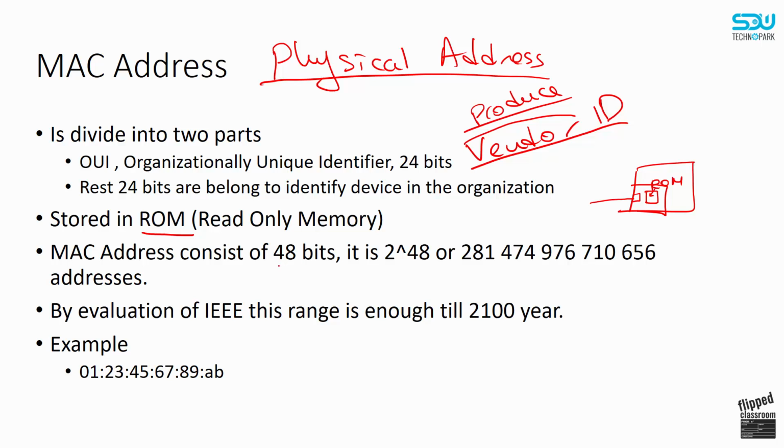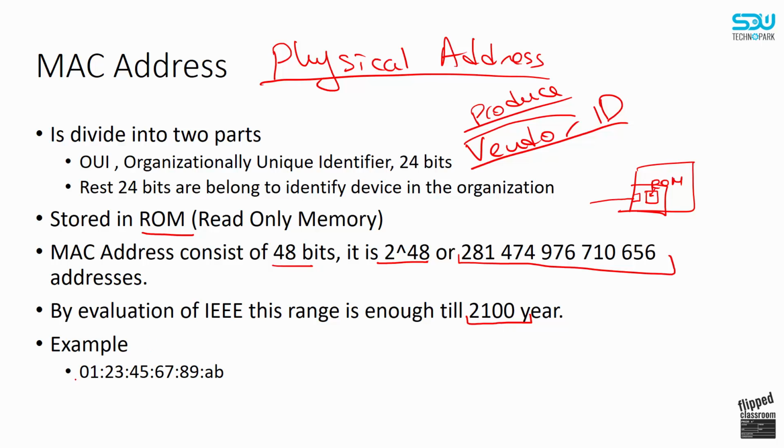The MAC address consists of 48 bits, so it is 2 to the power of 48. It is so many numbers, and by approximation of the IEEE, it will be enough until 2100, but maybe it is not so, because year by year the statistics and approximations change, and this approximate number I took from a book of 2010 or 11, something like this.